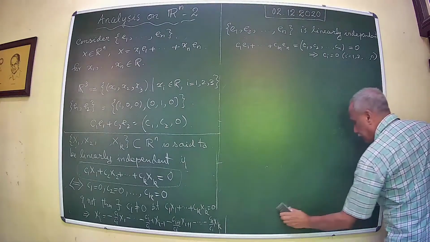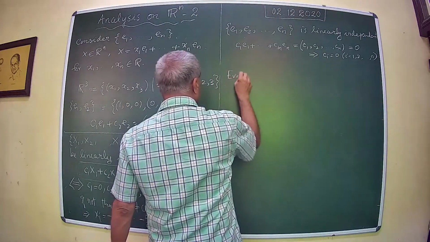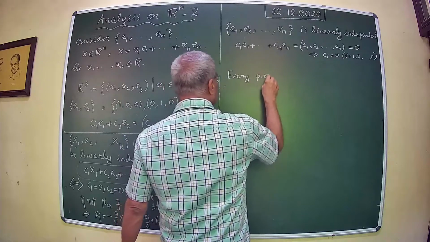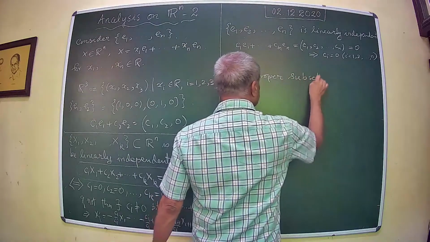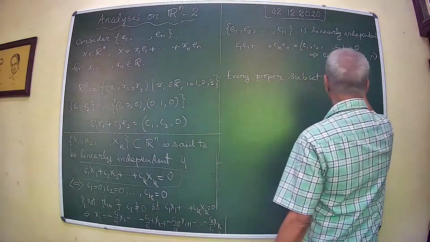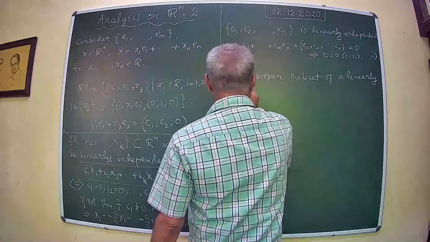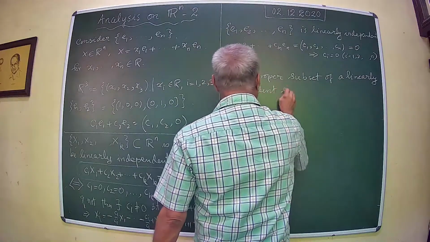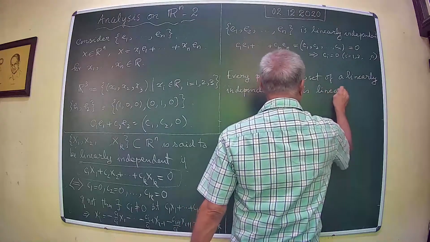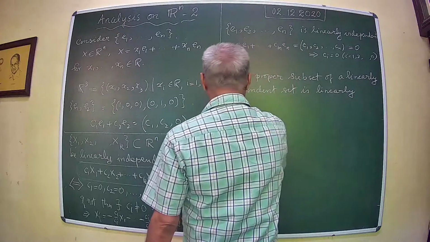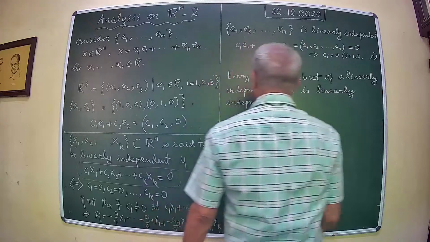In fact, you observe that every proper subset of a linearly independent set is linearly independent. Try to give a proof for it.